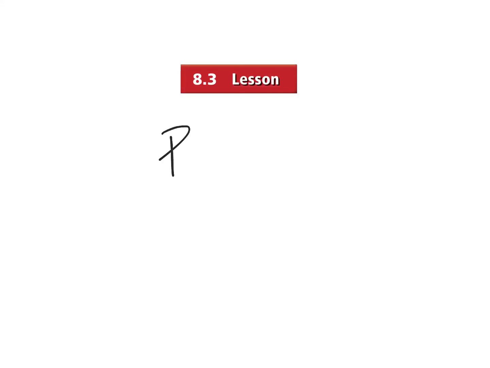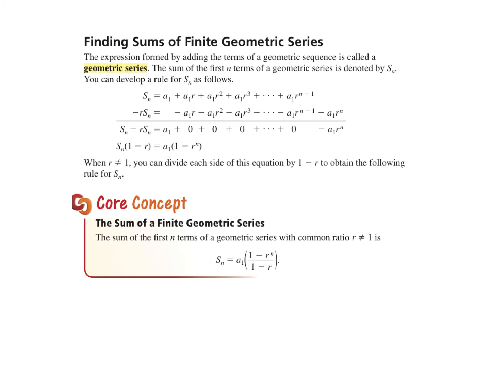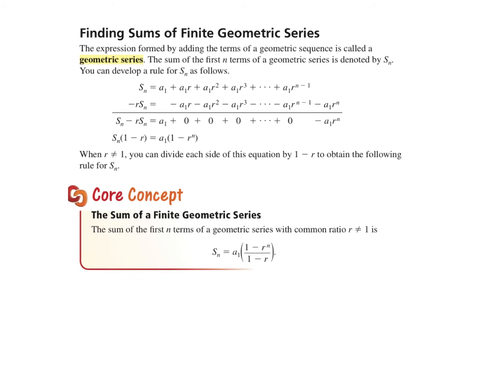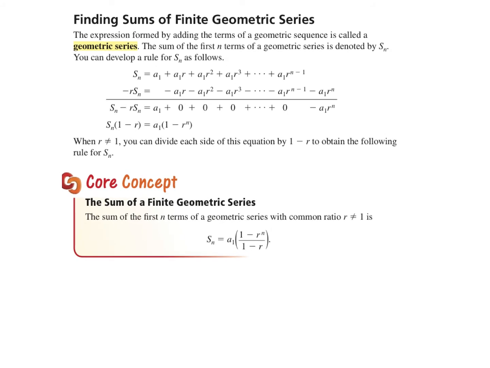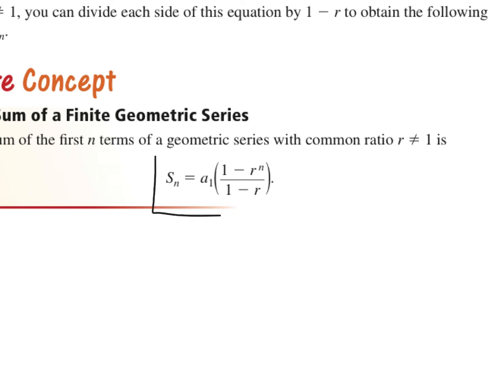So 8.3 part 2. We're going to be looking at sequences today. Oh, I lied. Series today, actually. So series is just when we do the sum of them. So geometric series. Our formula for a geometric series is this.